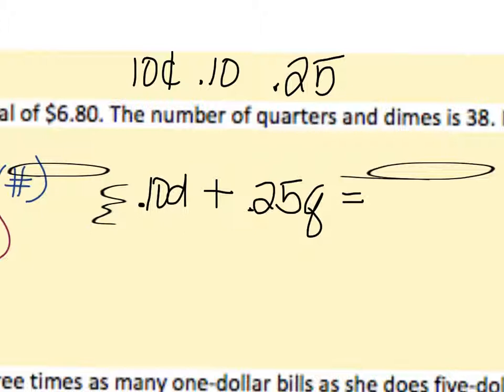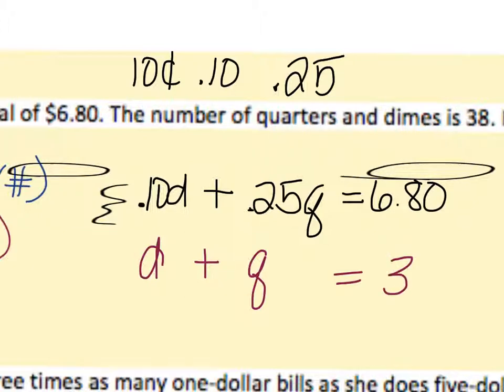And that total should be $6.80. And then for the amount of coins in general, D represents the amount of dimes and Q represents the amount of quarters. So if I add that together, my total should be 38.